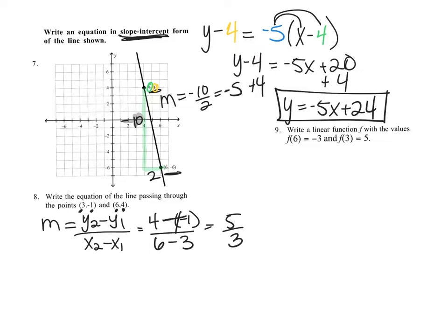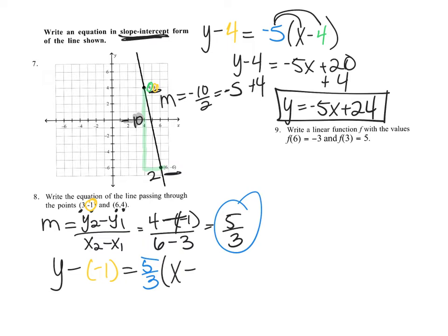So we're going to plug it in, y minus, and I can use either point, so I'm going to choose the negative 1, comma 3, equals m, which we said was 5/3, times x minus x1, which is 3. So I chose that point, and if I used the other point, I would get the same answer.